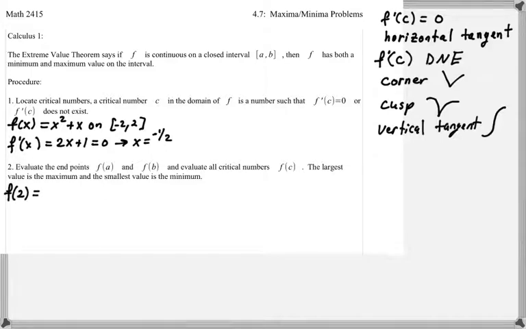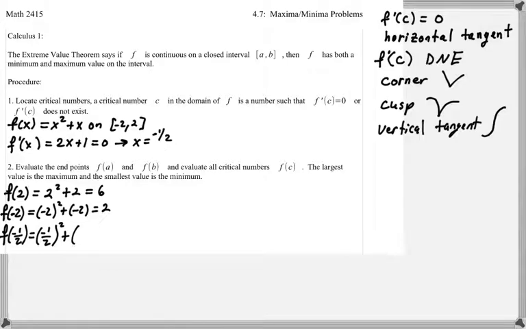So f of 2 is going to be 2 squared plus 2, which is 6. F of negative 2 is going to be negative 2 squared plus negative 2, that's going to be 2. And then your critical number, f of negative 1/2, is negative 1/2 squared plus negative 1/2, and that's going to be negative 1/4.